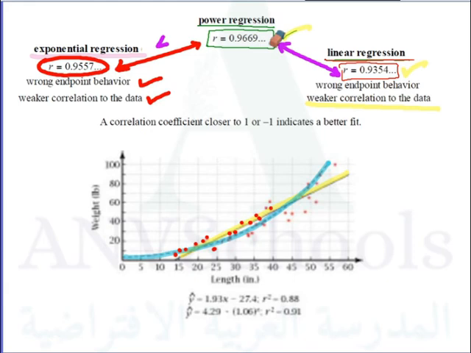Therefore, the best fit nonlinear function for this scattering of points would be the power regression.